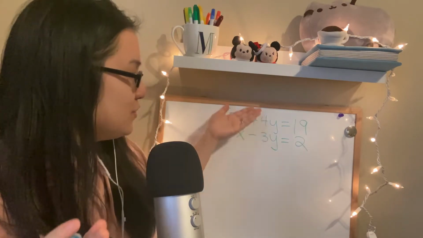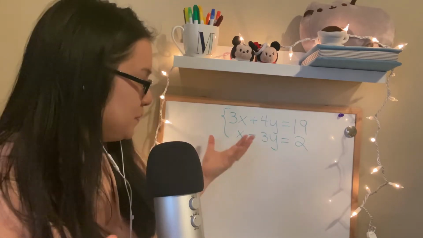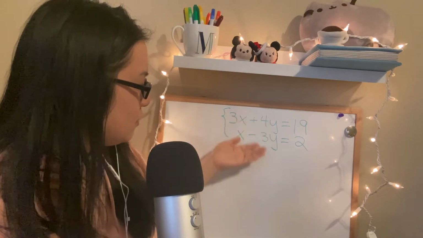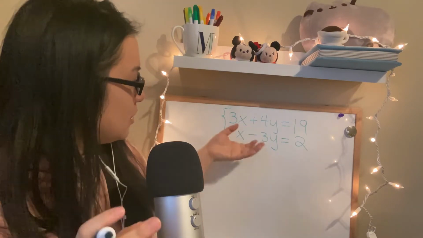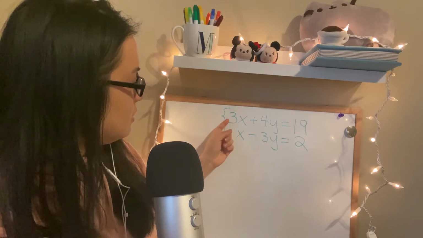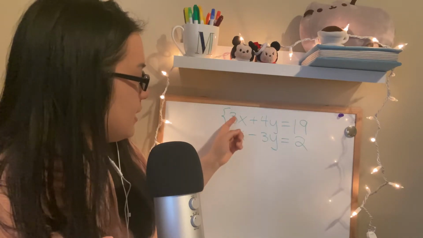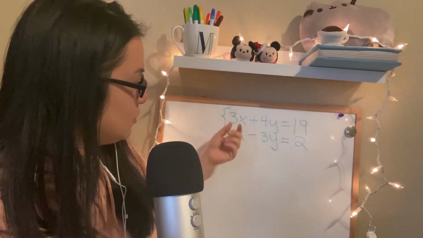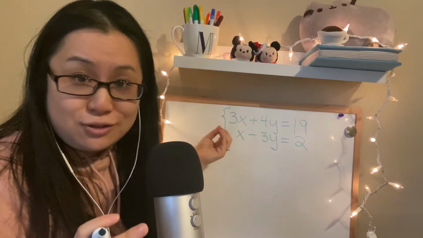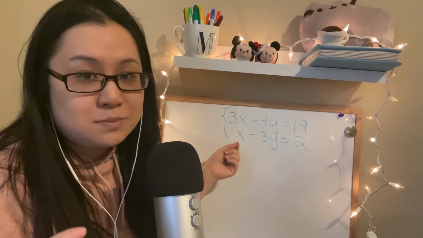So for this kind of thing, it's like solving a puzzle. We want to solve these two at the same time. So what's the question? Well, let's take this first equation. 3x: in algebra, when you have a number and a letter or variable together, smushed together with nothing in between, it means multiplication.